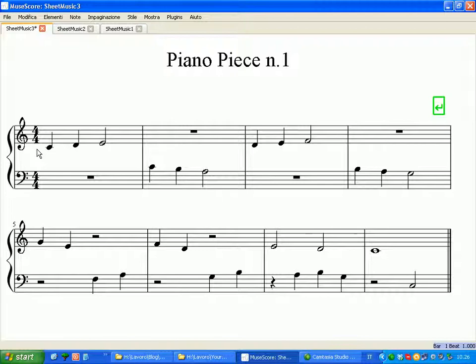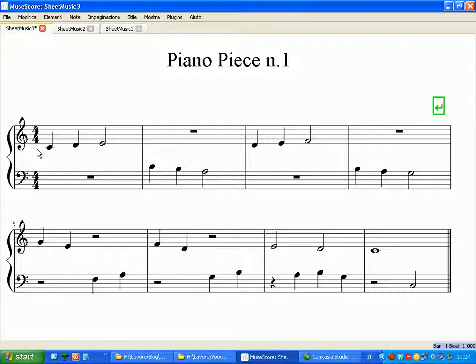In this case we have 4, so it means that in every bar we will always have 4 beats. The number below, the denominator, gives me the unit of measurement of the beats.